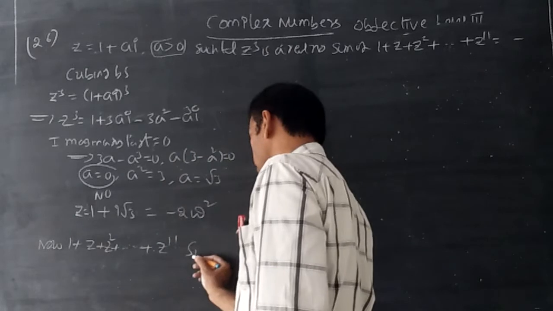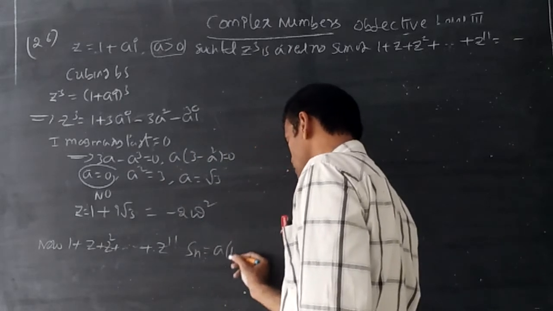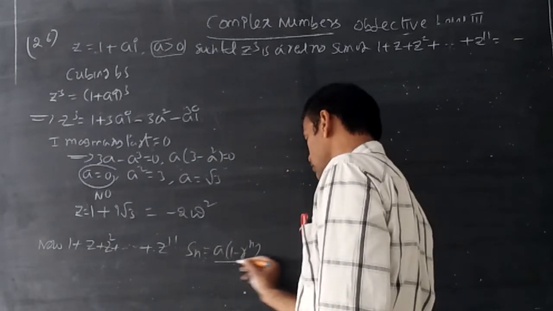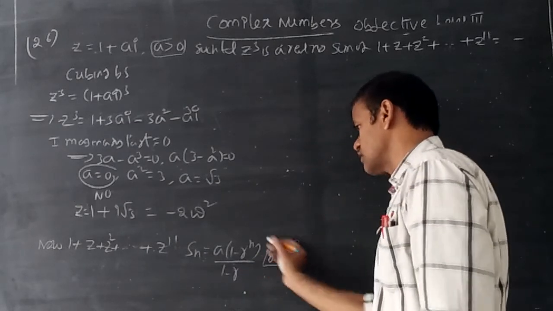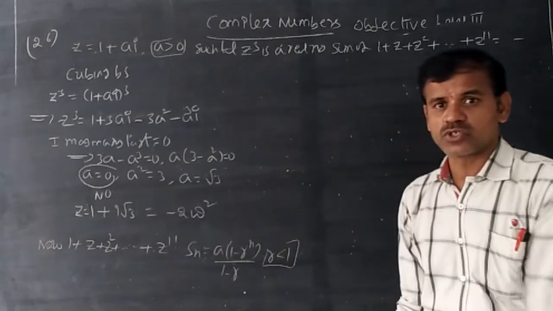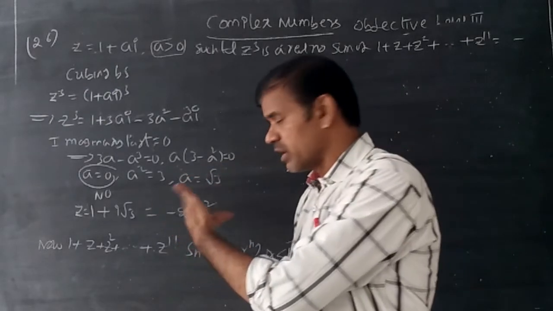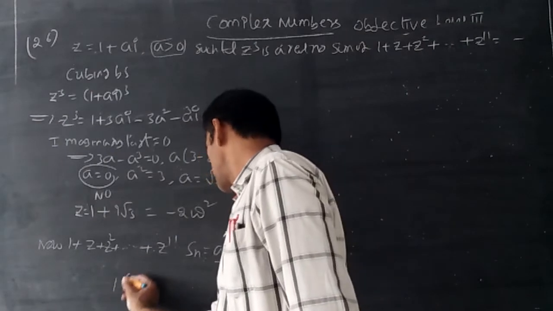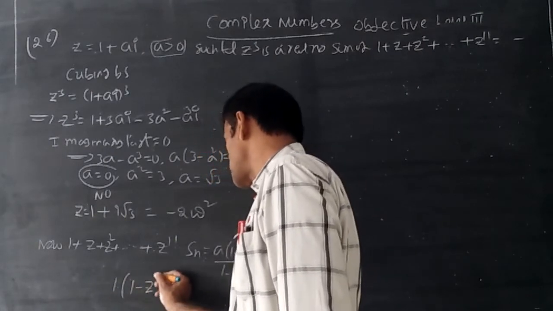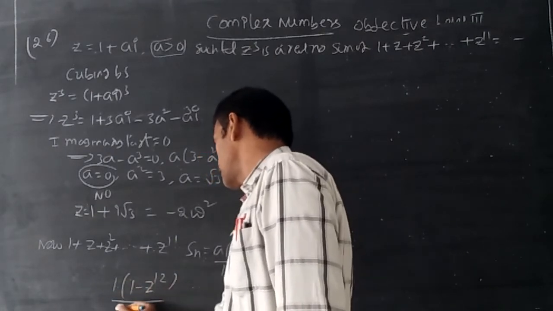You can apply the formula Sn is equal to a into 1 minus r power n by 1 minus r. Here it is like the nth roots of unity. So 1 into 1 minus z power 12 by 1 minus z.